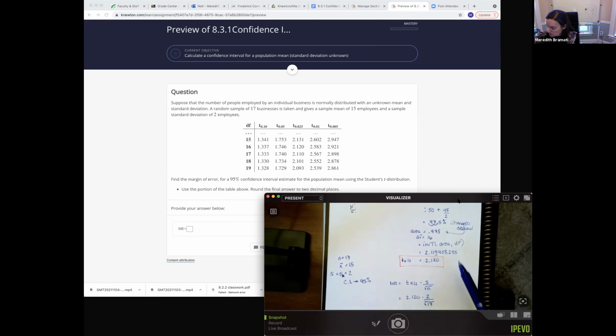Now, notice that the degrees of freedom is used to find the t alpha, but the original sample size is used to find the margin of error. So please don't make that error.